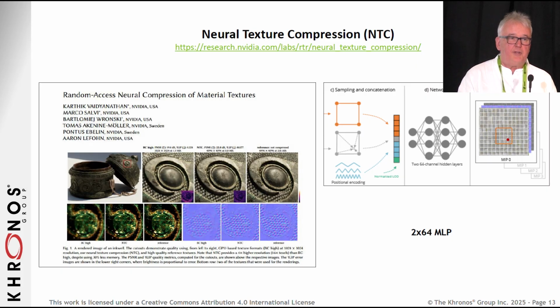One of the freakiest demos I've seen over the last year or so is, people here might know the flight helmet, which is 180 megabytes of texture, and it runs interactively.